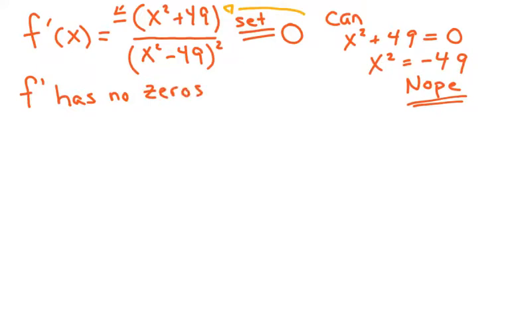Now, the other kind of critical point comes from when the derivative does not exist. Remember, that's what we're looking for, critical points.